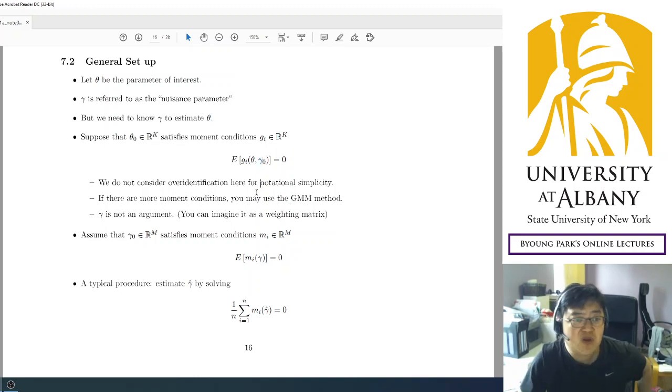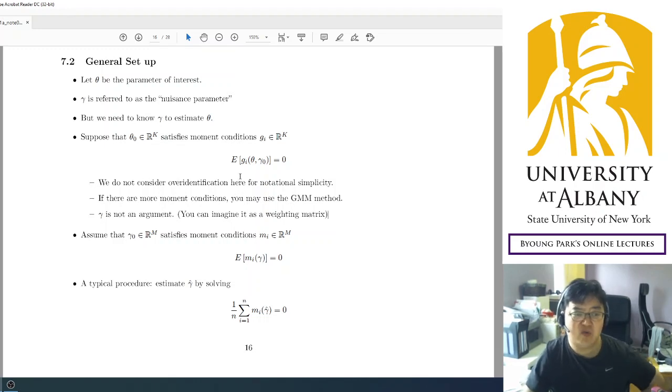By the way, you cannot interpret this as an identifying equation for gamma. Gamma is not an argument. When gamma is given, theta satisfies that equation, right? You cannot say gamma satisfies that equation. That is wrong. Think about the weighting matrix. The weighting matrix is not a solution to that function. Just theta is the solution when gamma is given.